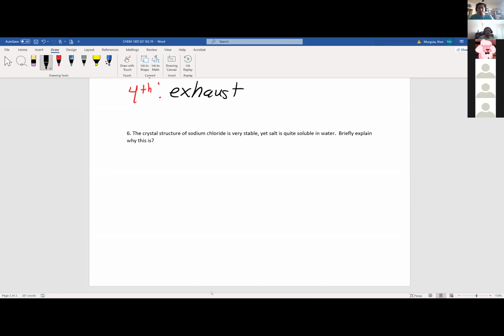Why is it very soluble in water even though the solid structure is very stable? Yeah, so the water does break up the bonds. That is a part of it. But why specifically? What is it that makes it dissolve so easily?